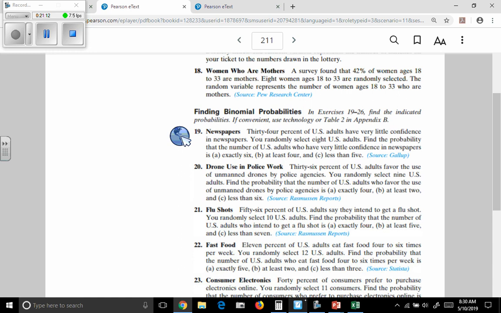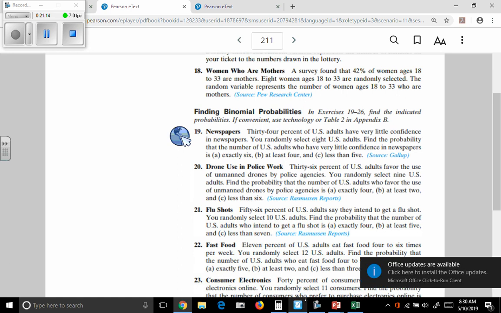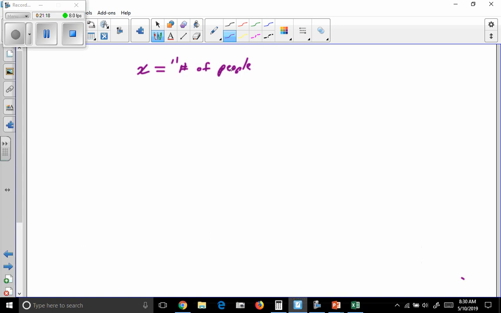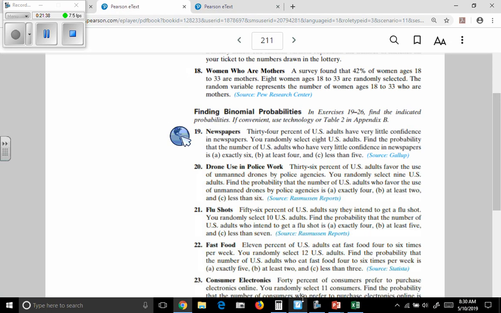What are we looking for? We're looking for U.S. adults who favor the use of unmanned drones. So we're counting the number of people in favor of drones. So X is just what we're counting. How many of the people that we have selected favor drones? We're randomly selecting 9 people.